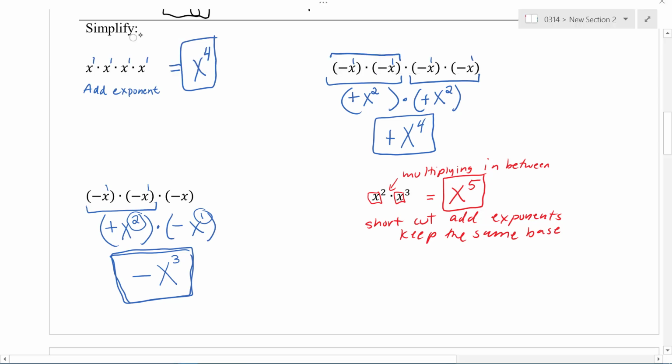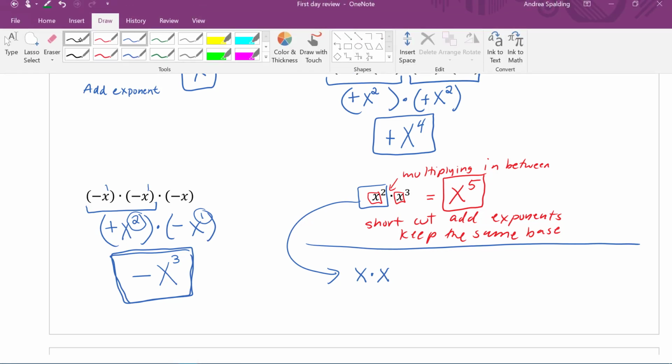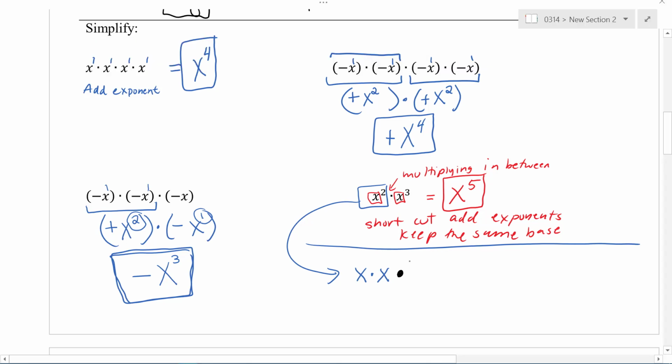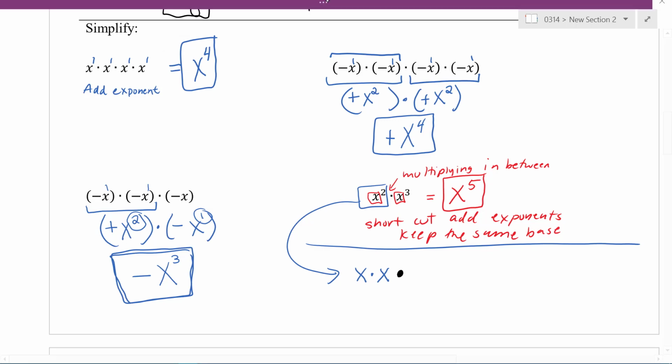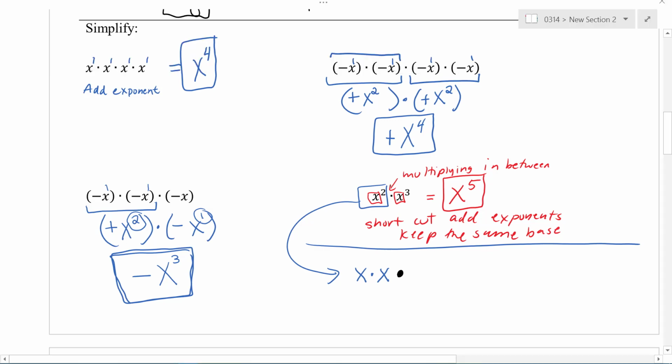Okay, what's the long way of doing it? So there's another way that you could do this. A long way of doing this would be to say, well, if I have x squared, what does that mean? That means to multiply x times itself twice. So I can stretch that out using that long notation. I'm multiplying that times x cubed. So that's x times itself 3 times. So that's 1, 2, 3.